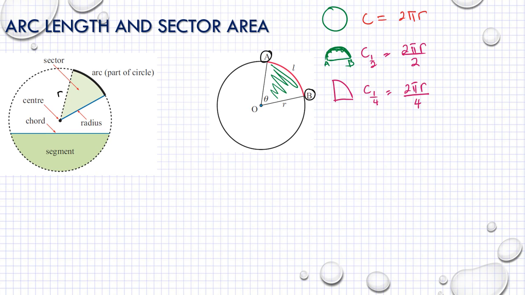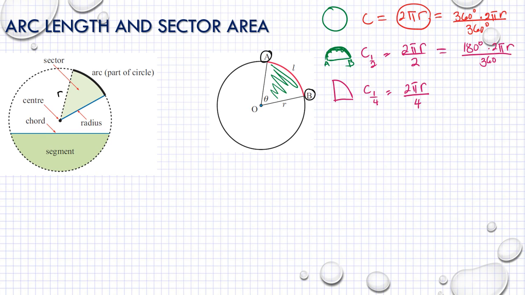So if we think about degrees now, this is actually 360 degrees multiplied by 2 pi r divided by 360 degrees. That's why we got only this one. But when we have a half, then we have 180 degrees multiplied by 2 pi r divided by 360 degrees.